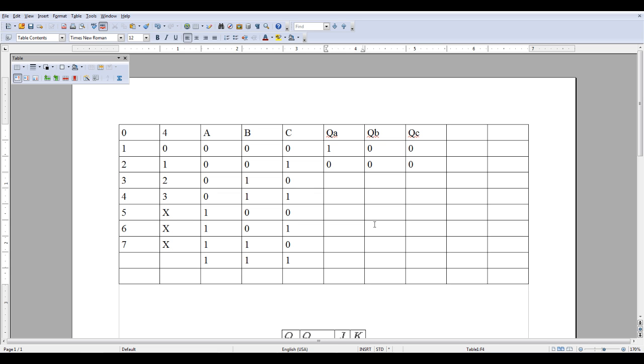When we are at 2, we go to 0, 0, 1. When we are at 3, we go to 0, 1, 0. When we are at 4, we go to 0, 1, 1. At 5 and beyond, we have X's. Let me just make sure I did this right.